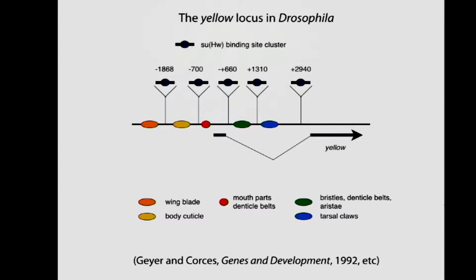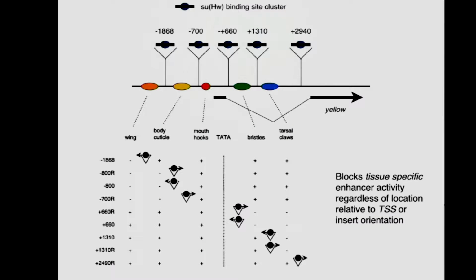If you get down to just that minimal binding site, inching down from this retrotransposon to the minimum element that's effective, and insert it at various locations between all of these enhancers, you can see that regardless of orientation, and regardless of its position relative to the transcription start site, it consistently blocks the enhancers that are away from the location where the element was inserted.